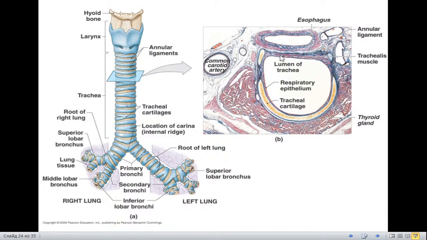Why so? Because posteriorly the esophagus passes, and when the esophagus transmits a bolus, this structure of the trachea allows the esophagus to enlarge.